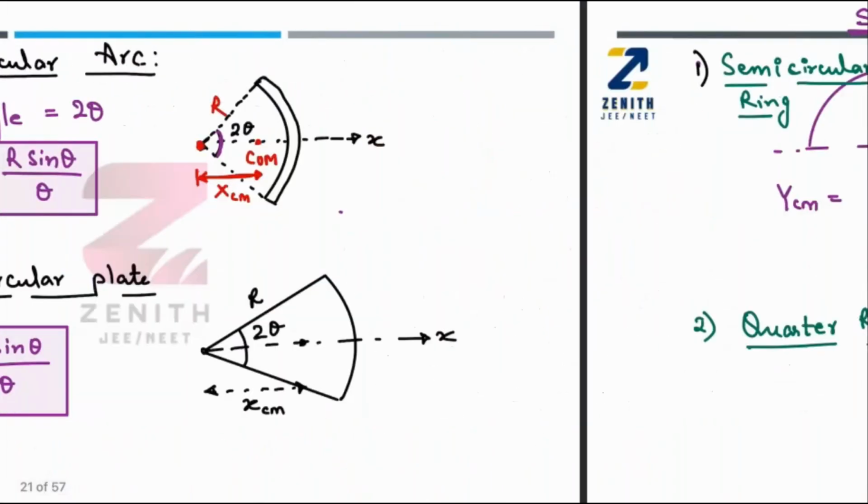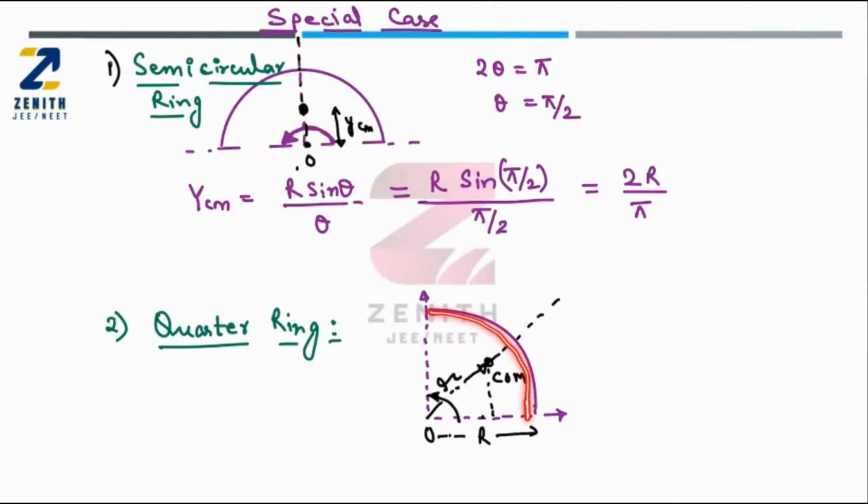Now let us suppose it is a quarter ring. Okay, that means in this particular case, can I say the 2 theta value is pi by 2, not pi? So the theta value is pi by 4. This is the angle bisector, that means this is the axis of symmetry. So I can calculate the center of mass of this quarter ring. But we want to calculate the x and y coordinates. First of all, you will calculate the center of mass of this quarter ring from the origin. And then once you take the cos and sine components, you will get the values of XCM and YCM.